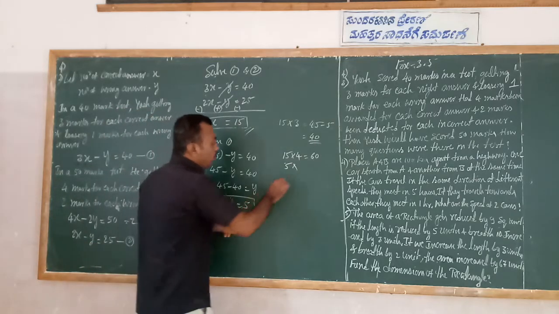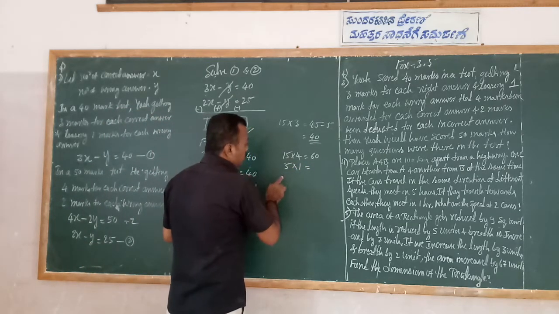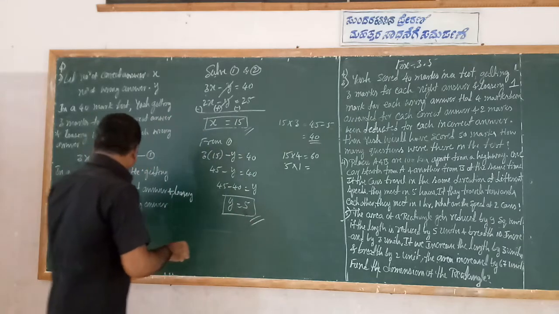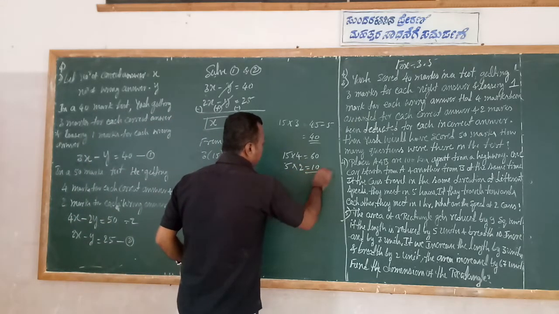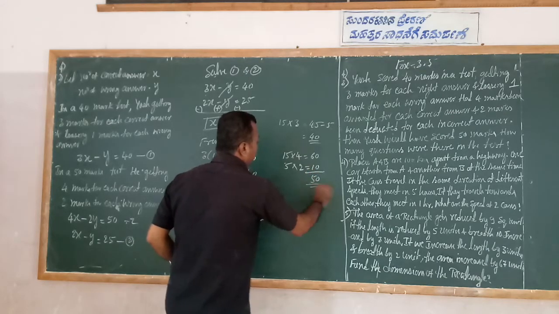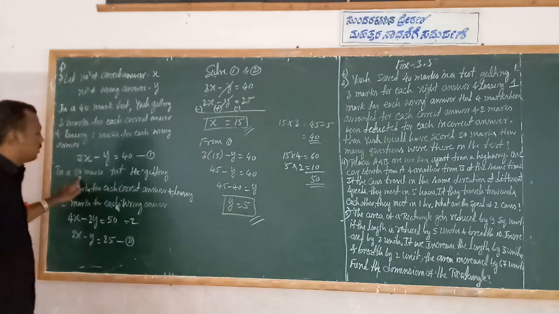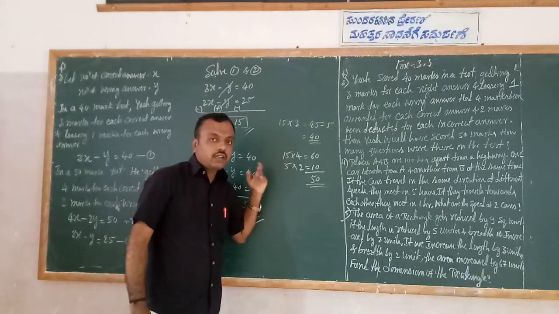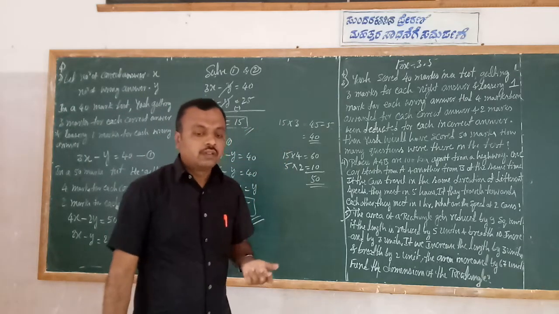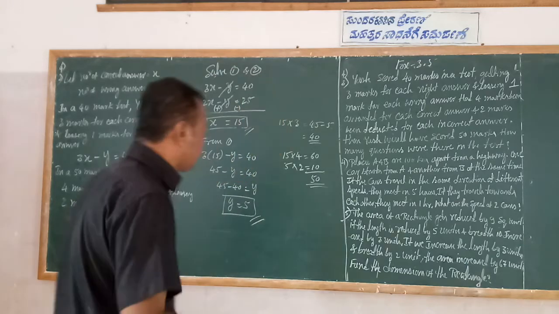Sorry, 2 marks. So 5 into 2 is 10. 60 minus 10 is 50. Therefore 50 marks in the second case. Do you understand? This is the verification. Okay, that's all. So next question.